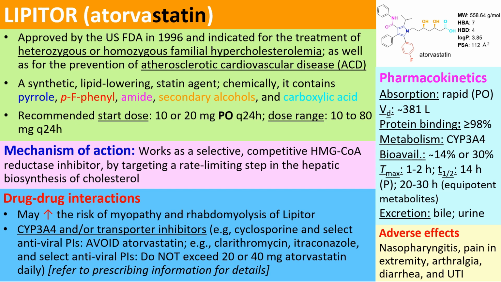If we look at the drug chemistry, this is a small molecule synthetic lipid-lowering statin agent. This belongs to the type 2 statin class of synthetic agents. If we look at the drug structure, there is a pyrrole heterocyclic core motif in the middle.